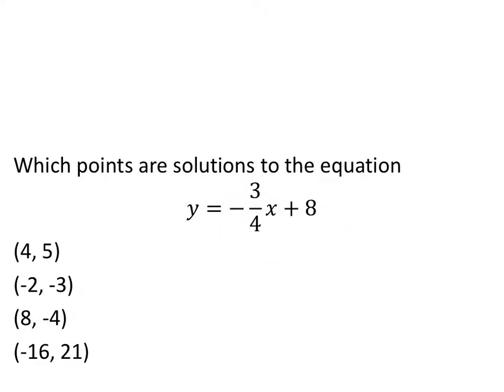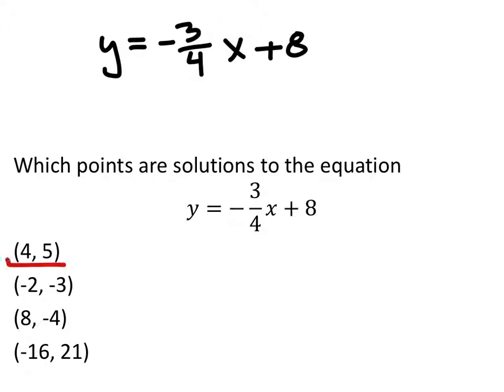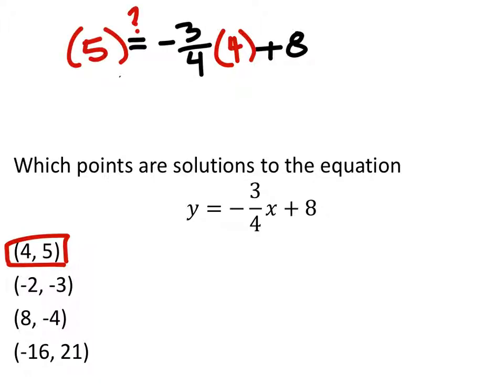Which points are solutions to the equation y equals negative 3/4 x plus 8? So we're going to take this equation and this first one, 4, 5. That means I'm going to replace the x with 4, and the y with its corresponding value, 5, with a question mark just so I can see if it is actually true.